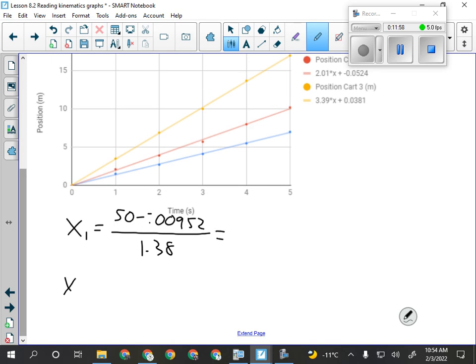For our second cart, x2 is going to be 50 minus negative 0.0524. Sorry, was that 0.00952 negative? Or was I wrong? No, it's not negative. And then we're dividing that by 2.01.